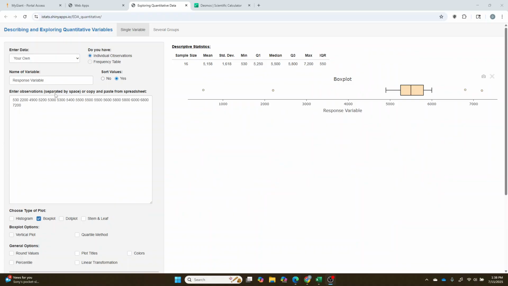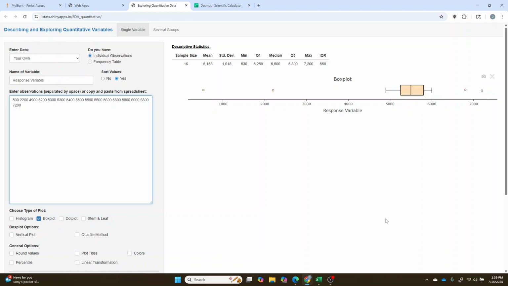Because here the values are already in order. So yeah, 6800 is an outlier, 7200 is an outlier, but 6000 is not. And again, when you hover your cursor over, it's calling 4900 the lower fence, but that's not correct, right? The lower fence is actually 4425, and it's calling 6000 the upper fence, but again, not correct. The upper fence is 6625.